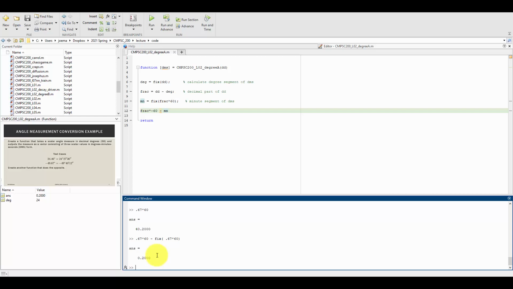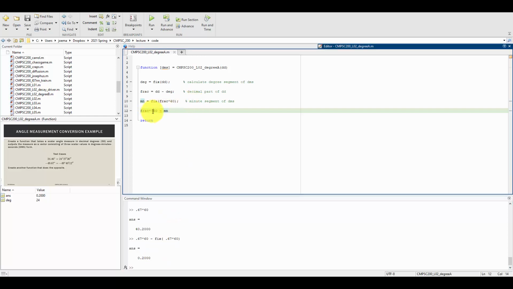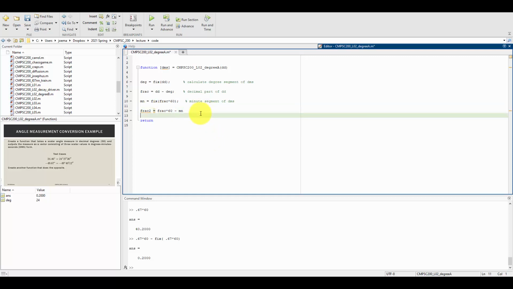This is what I can use to then calculate how many seconds I have. So I have frac times 60 minus mn. No, actually, this is going to be my frac2. This is my second fraction, the decimal part of minute calculation.